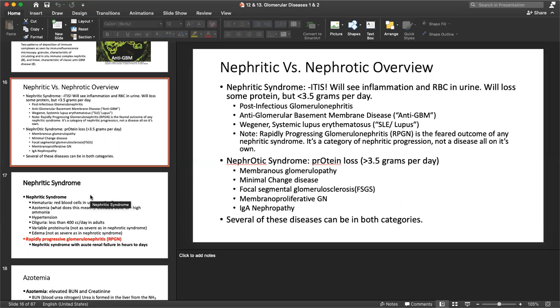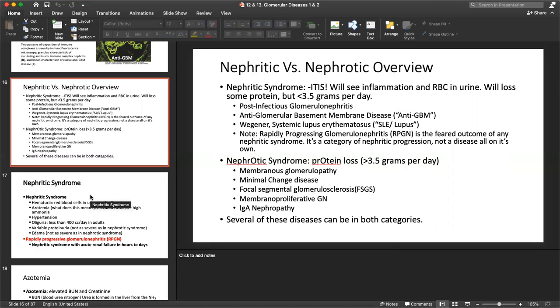Nephrotic is going to be protein loss. You can see that the O's are both in nephrotic and protein. And it's a loss of greater than 3.5 grams a day. So I think of it like a glomerular issue.